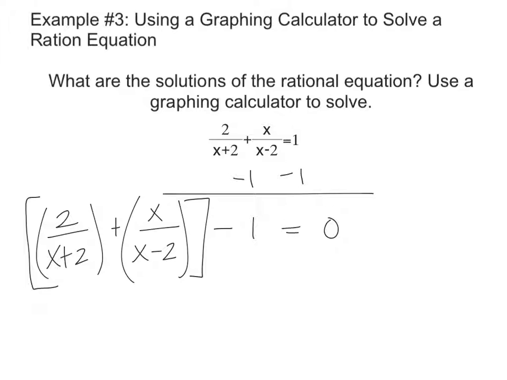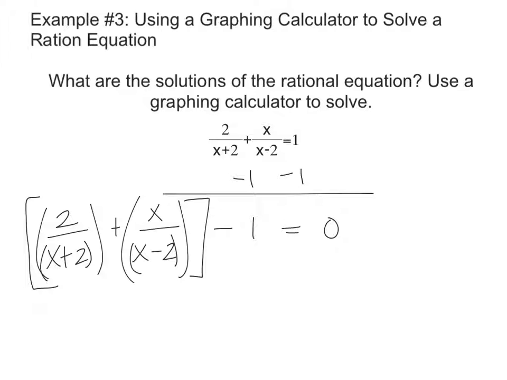So you need 1 parentheses for the brackets, 1 parentheses for the first fraction, 2 divided by, and actually I lied. You do need another set just around your denominators. So 2 divided by parentheses x plus 2. Close it for just the denominator, close it for that fraction, okay?